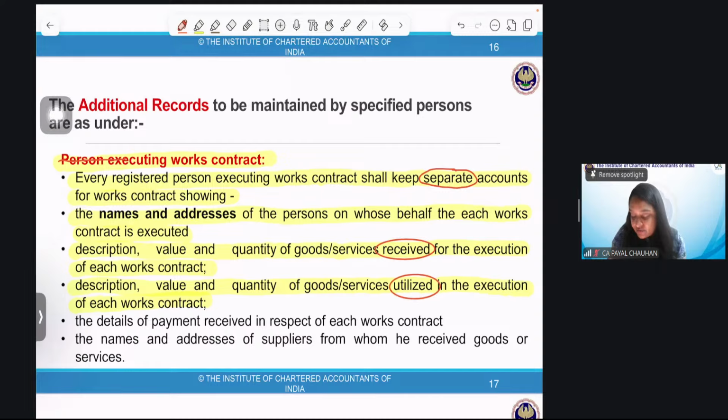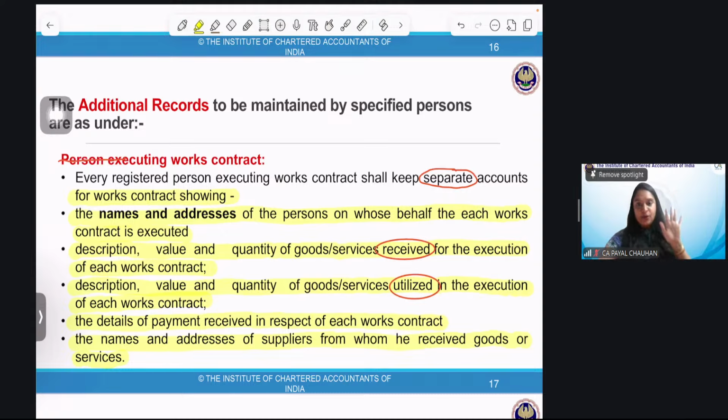The other information I'll keep in records will be how much goods and service I've utilized. And then the detail of payment received in respect of each work contract, and the name and address of the suppliers from whom he received goods or service. Did you people understand? If a question comes asking what are the additional records to be maintained by a person executing work contract?